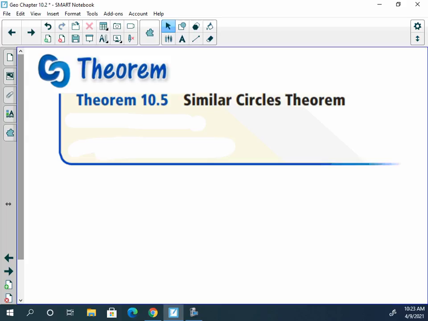Circles that are similar? How many circles can we have that are similar? All of them are. Because really, what do we do when we make a circle? It has a center and a radius, yes? We're either making the radius bigger or smaller, because there's no other way we can make a circle.